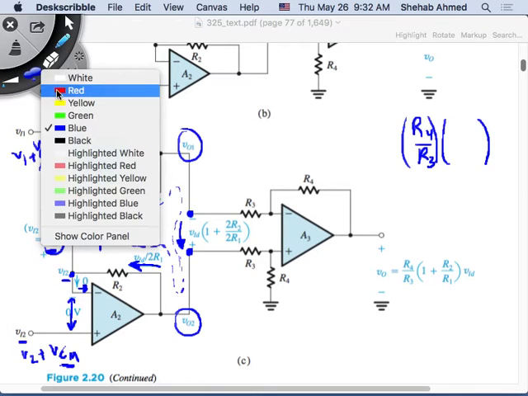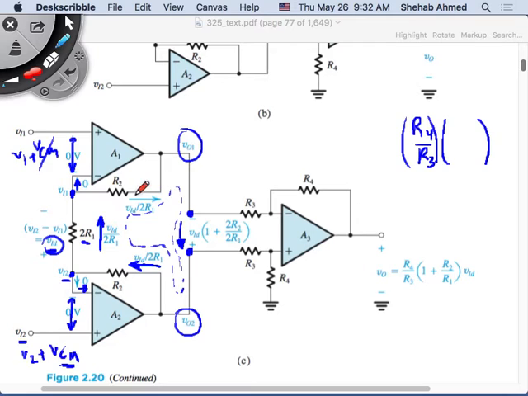With this current flowing through here, there's a voltage drop. This current flowing through here, there's a corresponding voltage drop. This current flowing through here, there's a corresponding voltage drop. This voltage drop is equal to VID over 2R1 times R2.